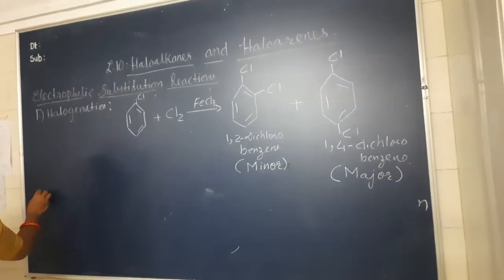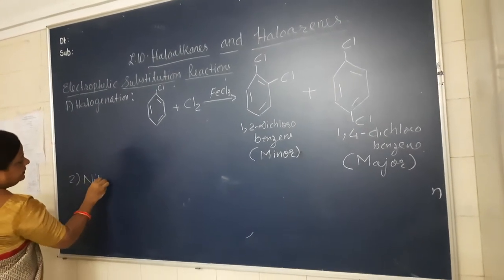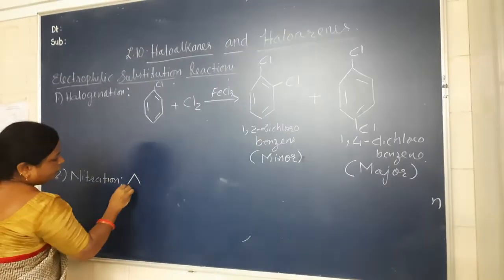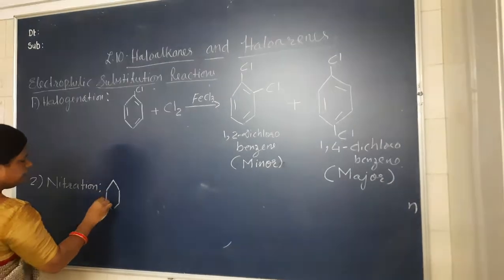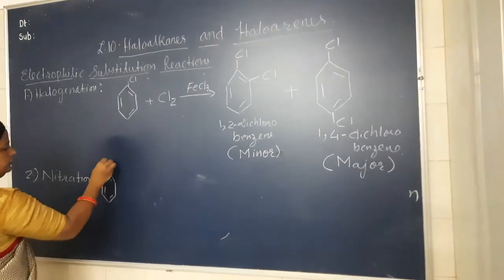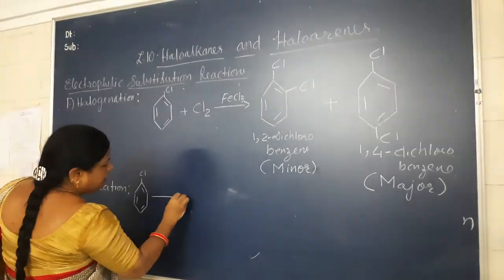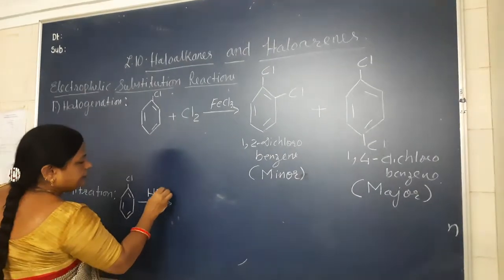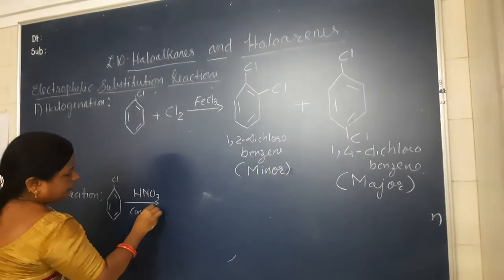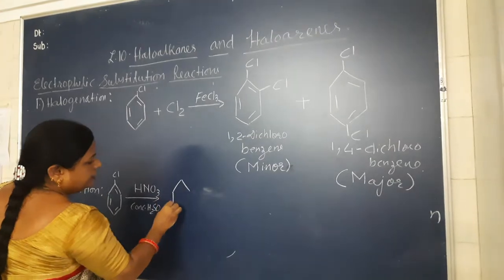The second reaction after halogenation we will write is nitration. Nitration reaction. Chlorobenzene plus, whenever you see nitration, you know you have to take HNO3 and in the presence of concentrated H2SO4. So what will form here? Look here.